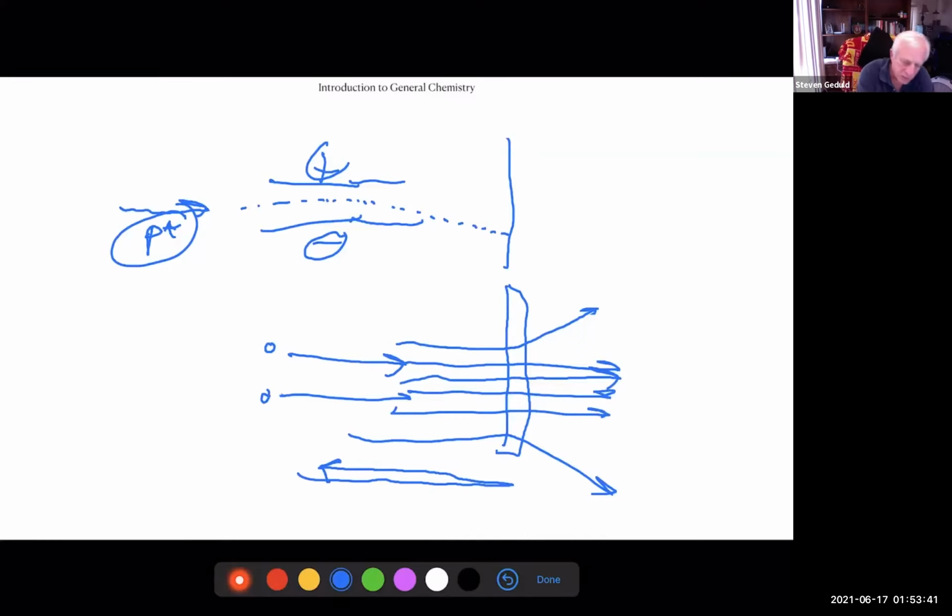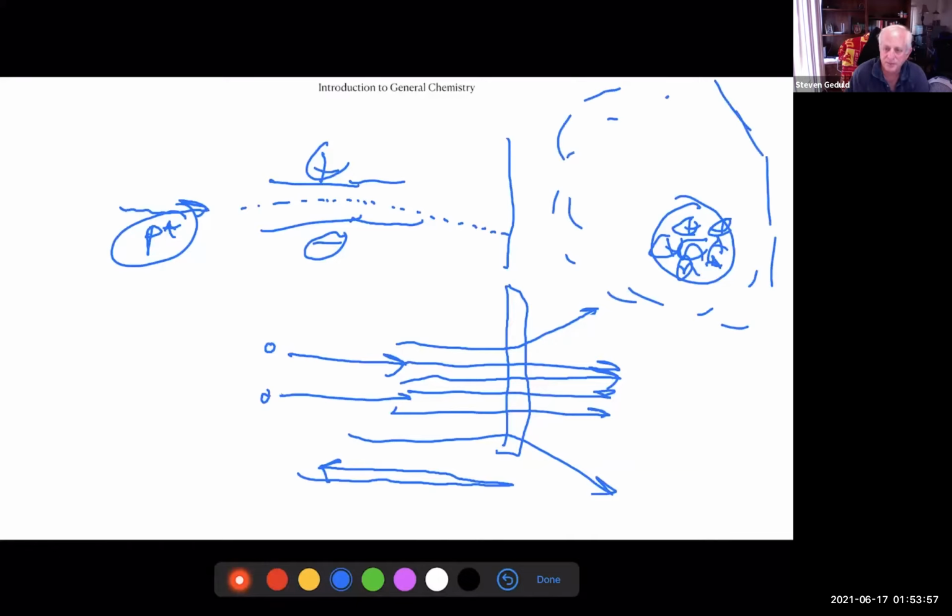Your nucleus is in the center. Your nucleus is protons and neutrons. That's what makes up your nucleus. The electrons fly around the outer edges of it.